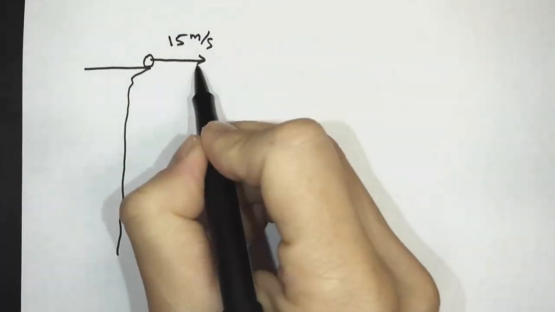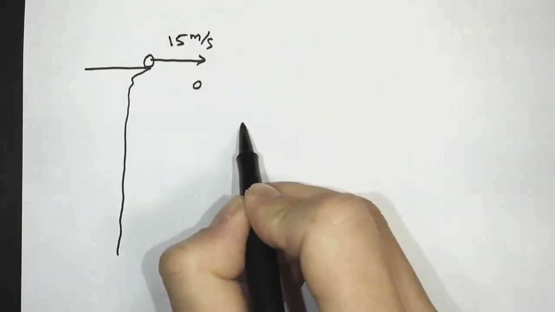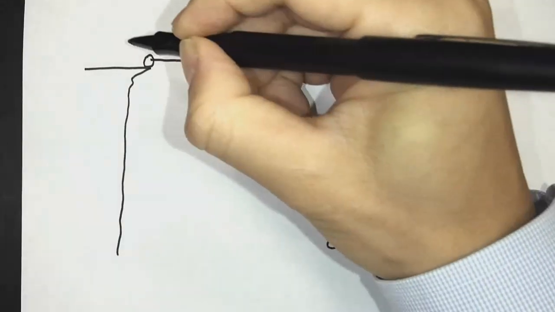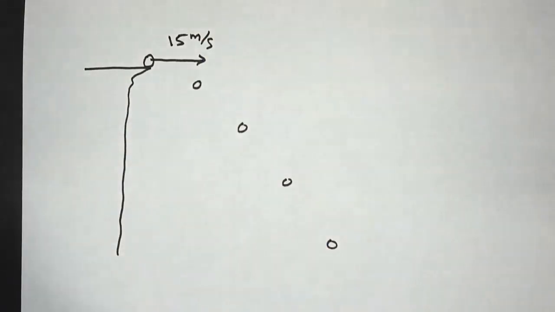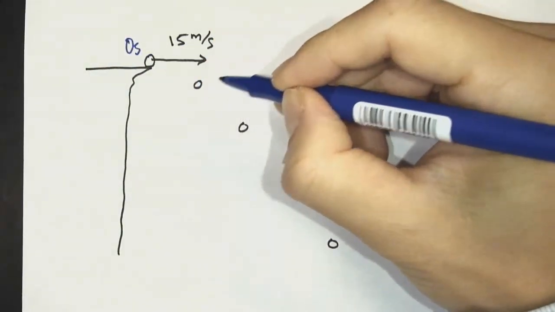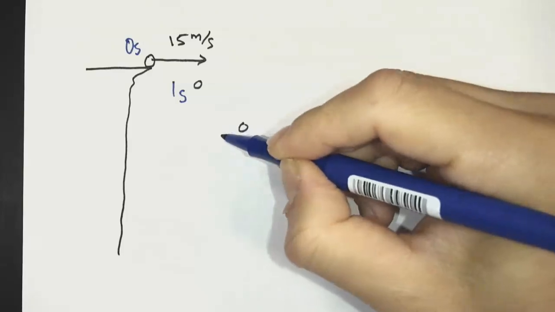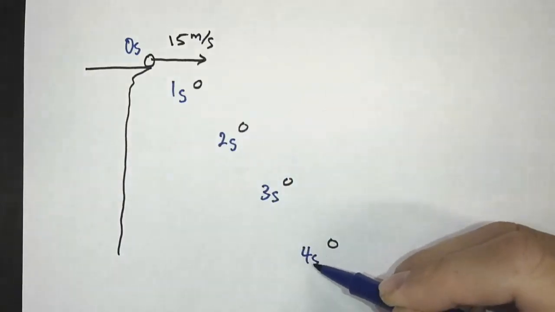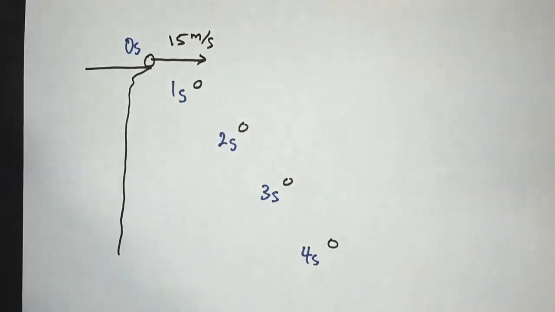One second later it'll be here, then 2 seconds, 3 seconds, and 4 seconds. This time I'm going to label the time. This is 0 seconds, this will be 1 second, 2 seconds, 3 seconds, 4 seconds. And now I'll create my table.